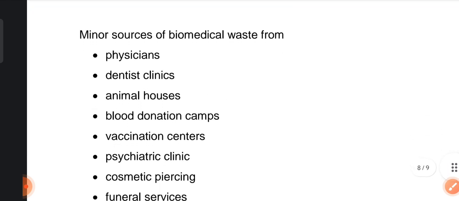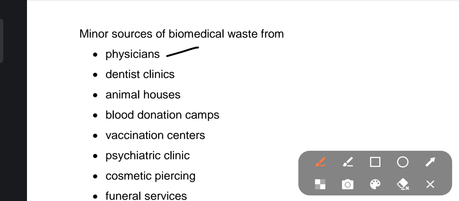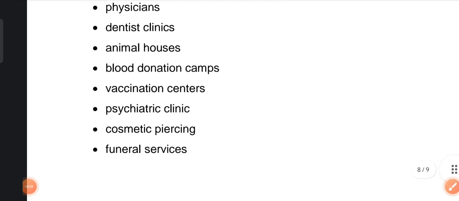And next we will see the minor sources of biomedical wastage. Minor is nothing but little production. Those are physician clinics and dental clinics, animal houses, blood donation camps and vaccination centers, psychiatric clinics, cosmetic piercing clinics and funeral services.